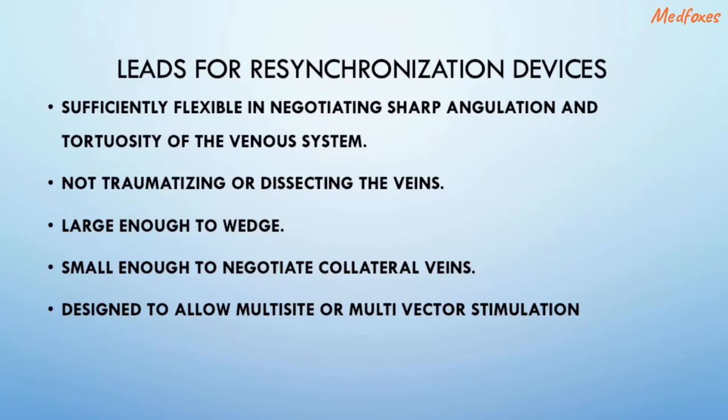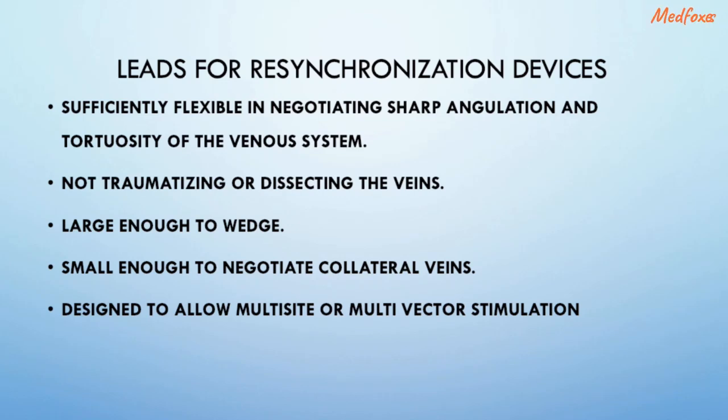LV pacing leads should be sufficiently flexible in negotiating sharp angulation and tortuosity of the venous system without traumatizing or dissecting the veins. The lead must be large enough to wedge into the venous tributary, yet small enough to negotiate collateral veins, often requiring subcannulation to reach the LV free wall.